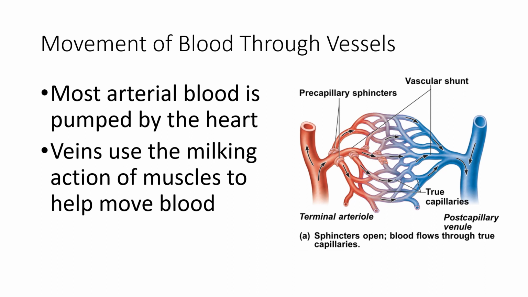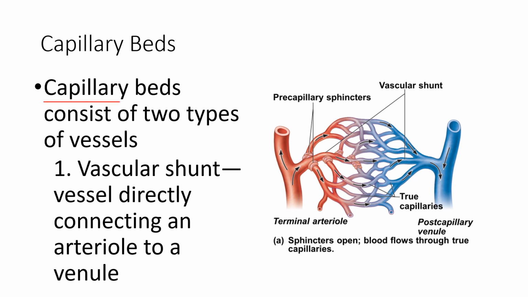Movement of blood through the vessels: most arterial blood is pumped by the heart. Veins use the milking action of the muscle to move blood. And now capillary beds. This is the arteriole and the venule.